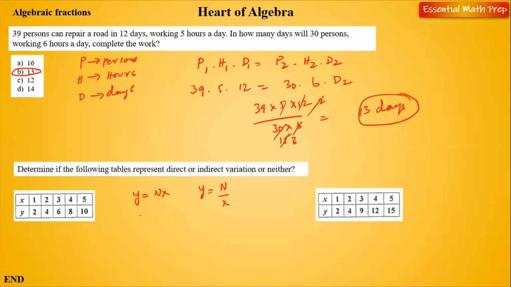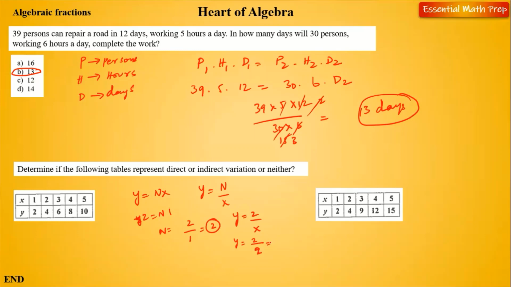So if x is 1 and y equals 2, n is 2 over 1 equals 2, right? So essentially, you can now take y equals 2 over x. Now let's substitute x equals 4, so y equals 2 over 4.